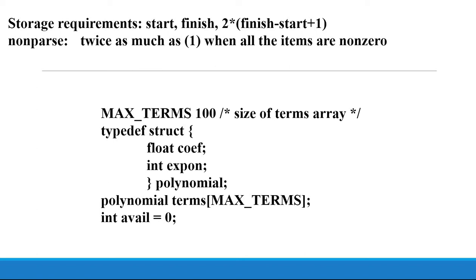The maximum terms we are going to store, we just take as 100. If you want to change it, you can. In the polynomial structure, for each and every term, coefficient and exponent will be there. Polynomial here is a user defined data type, and available initially will be 0.